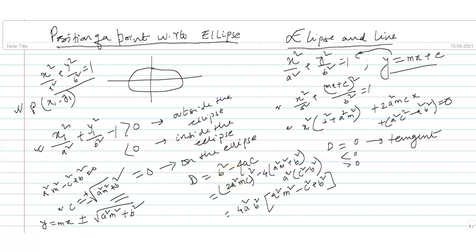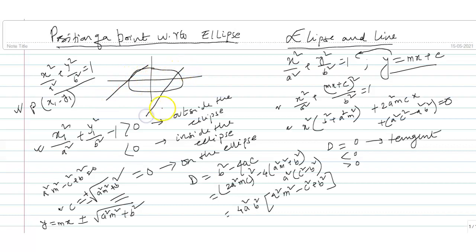Clear? So if d is greater than 0, then you know that we will get two real roots. If you are getting two real roots, then that line will become the secant, just like this.